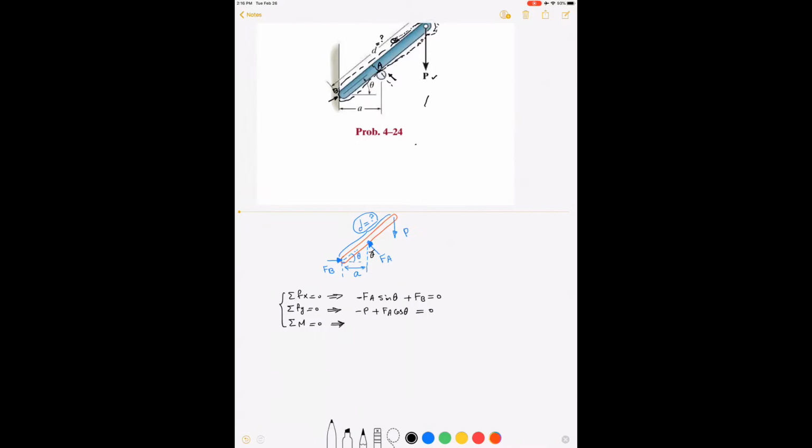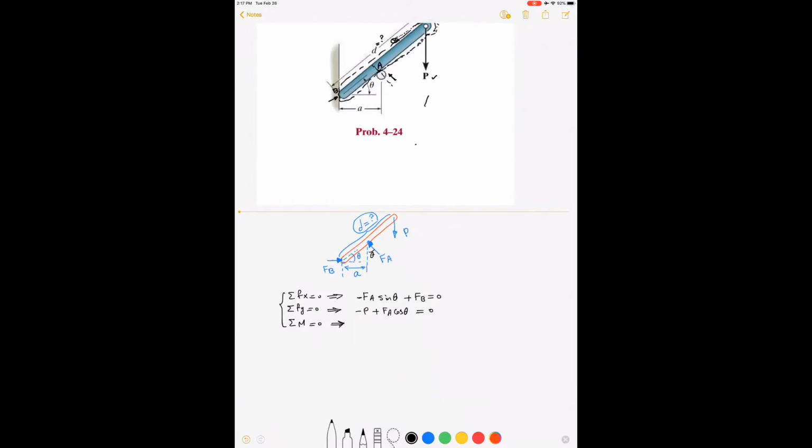It doesn't really matter, because either A or B would eliminate one unknown, right? So there is no advantage between A and B. So I choose, in this example, point B, okay?